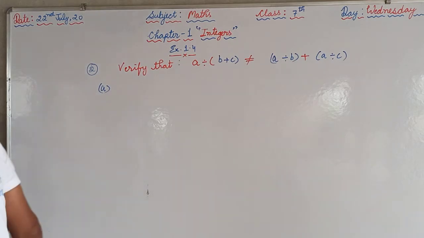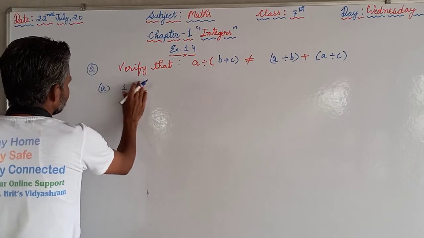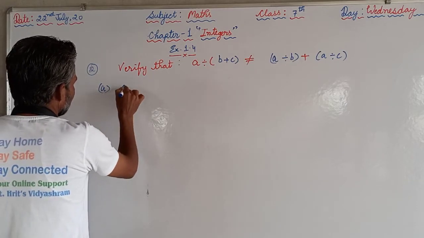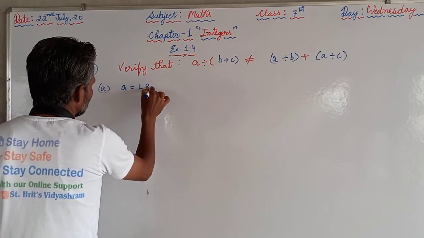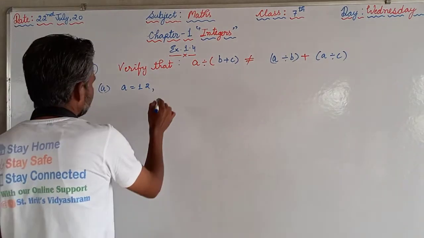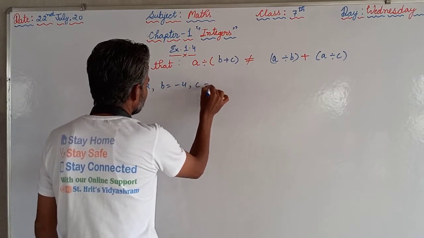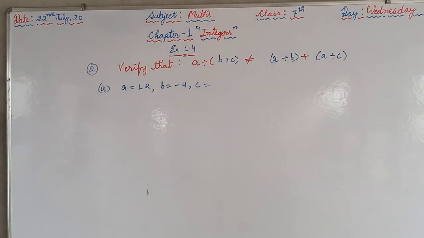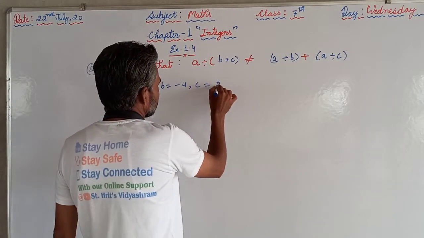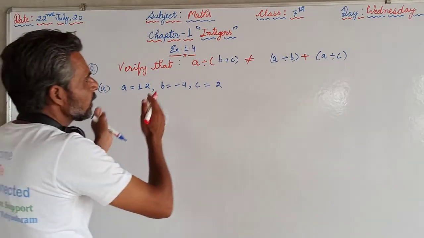In the A part, A equals 12, B equals -4 and C equals 2.